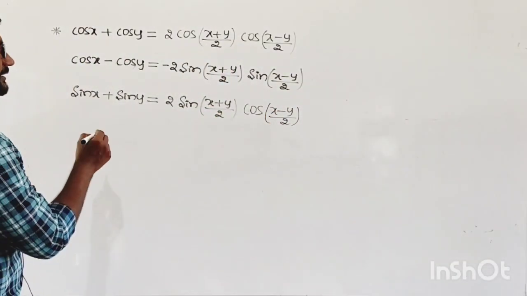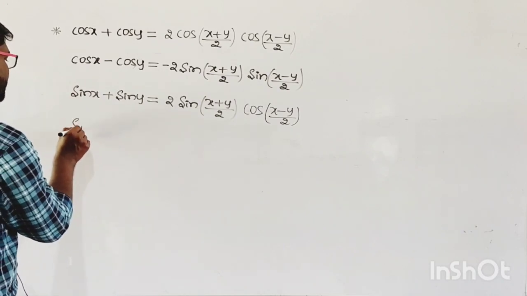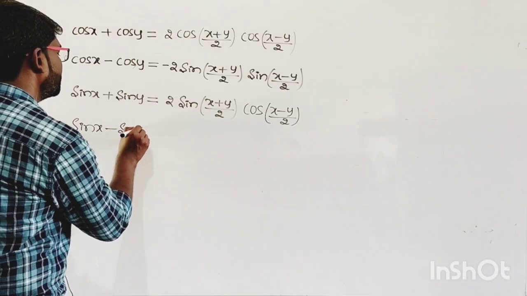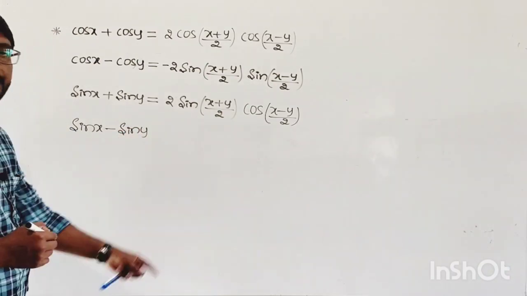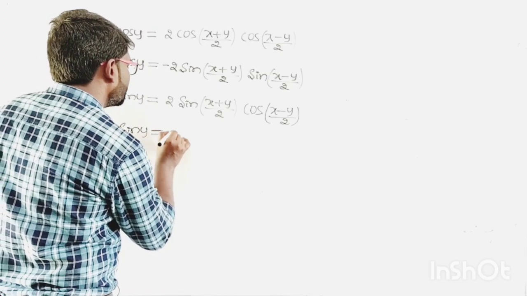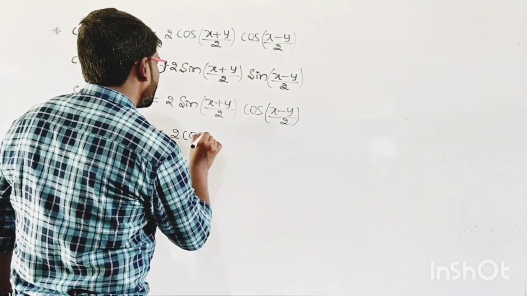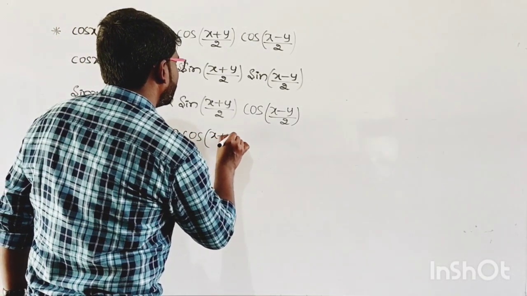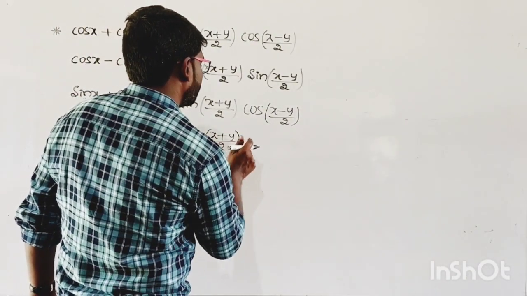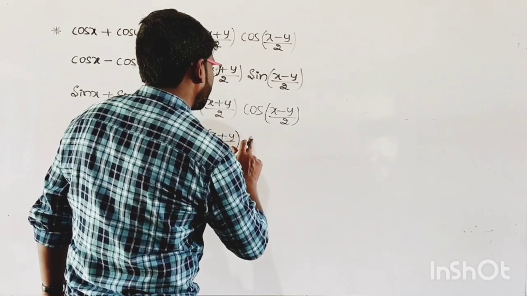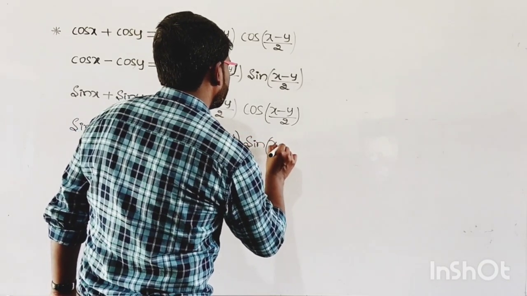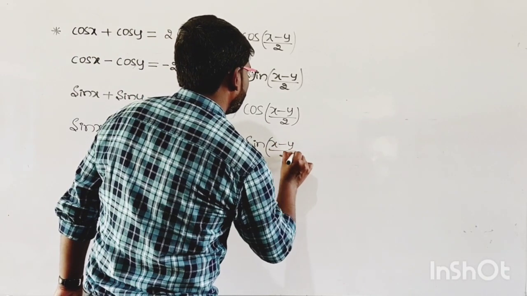Then the next one is sin x minus sin y, which is equal to 2 cos (x plus y) by 2 into sin (x minus y) divided by 2.